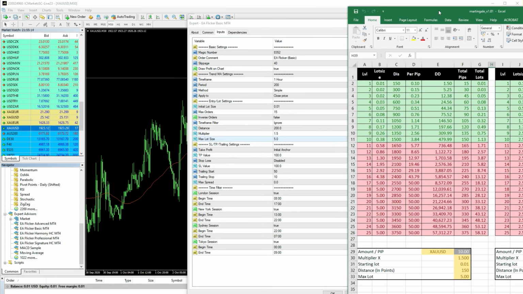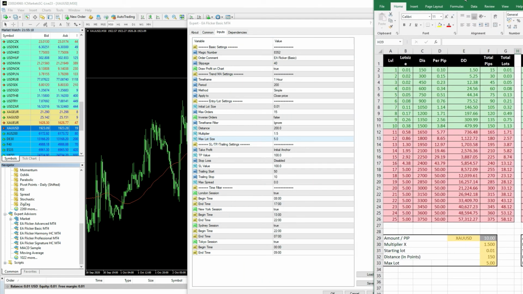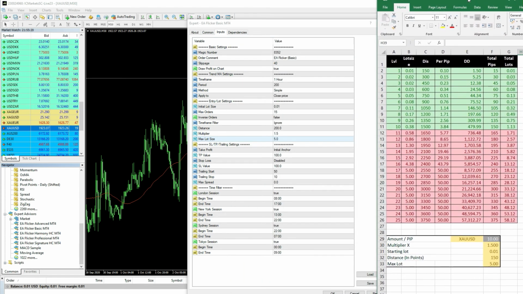This tool is called the Martingale Calculator. It looks like this, but I try not to cover up the settings page. So lot size you start with 0.01, and then distance in points, so 200, max of 5, and then multiply 1.5.